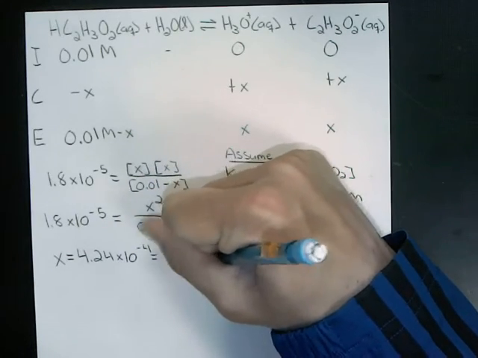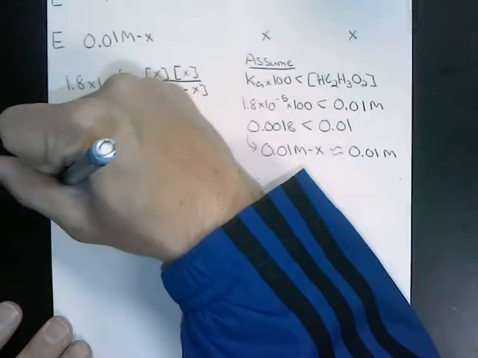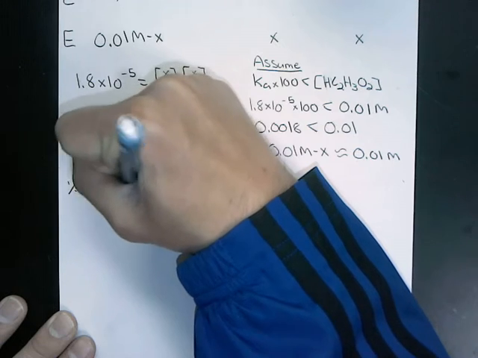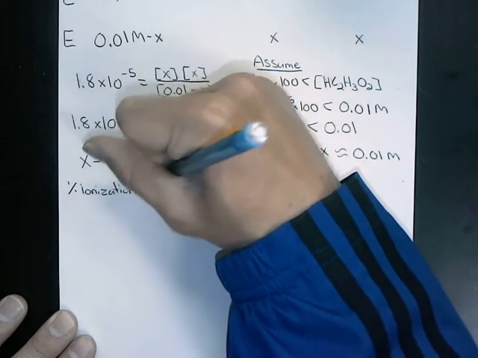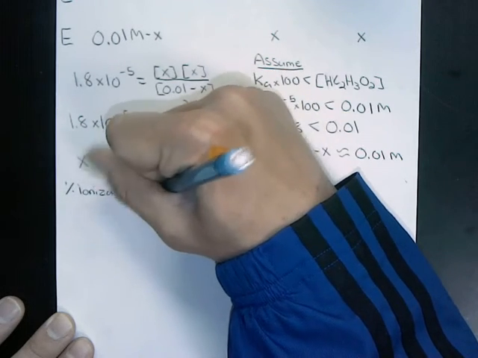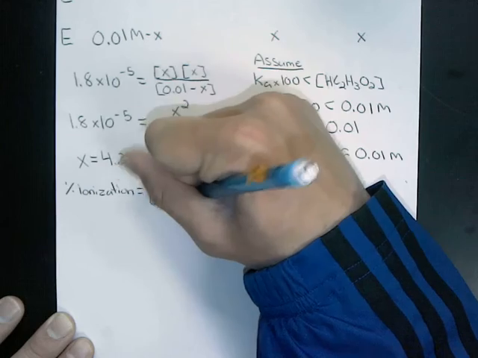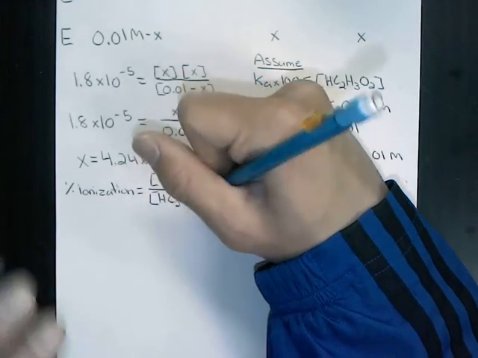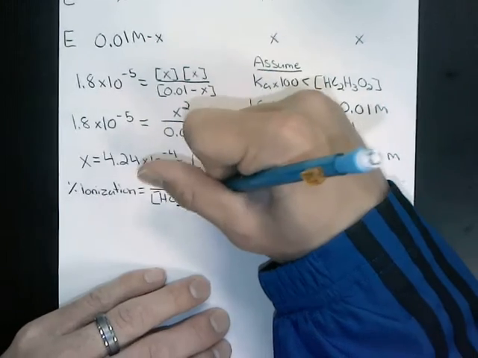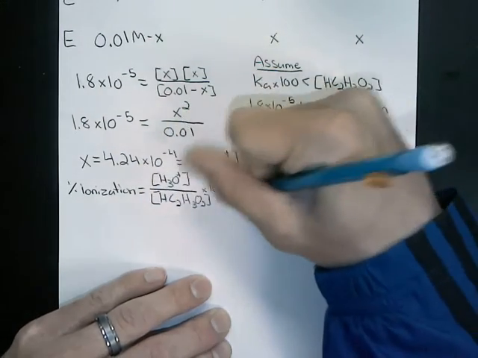hydronium ions. Now, our percent ionization here is as follows. It is our amount of hydronium ion all divided by that original concentration of our acid, and we multiply it by 100.